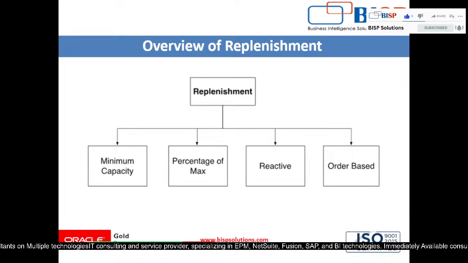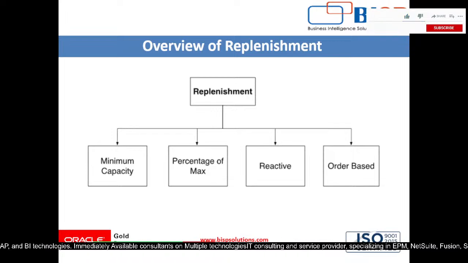Each replenishment has different criteria for when the replenishment wave is triggered. Suppose we trigger for the percentage of max and for the reactive. These are the different types of replenishment, with different criteria for when the replenishment wave is triggered.